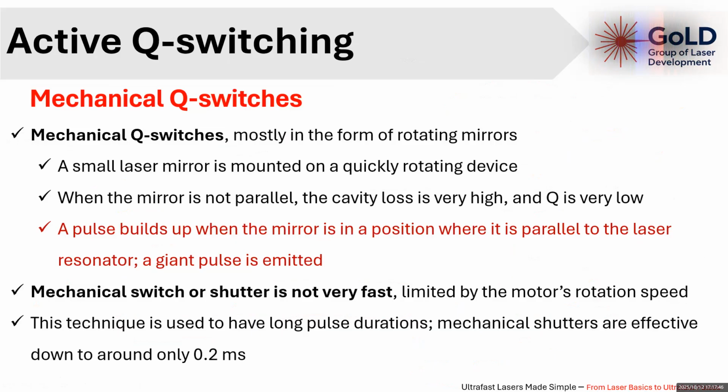Rotating mirror type, rotating prism type, rotating shutter type, and chopper wheel type, okay? So basically, as I mentioned, it doesn't have an advantage actually. It has mostly disadvantages.